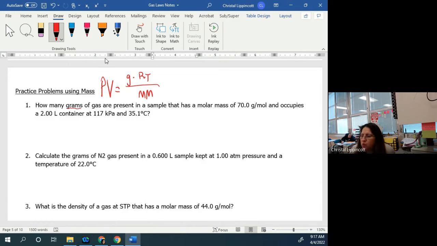I'll show you here how to do it using this equation. I'll show you down here how you can do it if you solve for n. Actually, I'll do that down here. So we've got PV here, and we want to isolate grams by itself. That means I'm going to multiply both sides by molar mass.